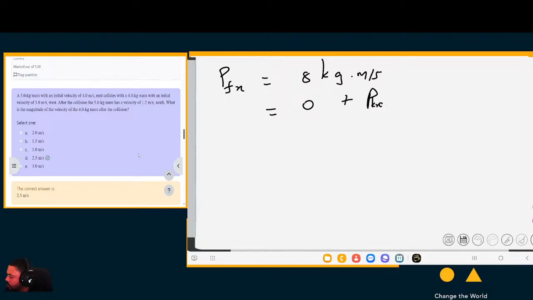We've established this is the momentum for the 4 kilogram block, because the 5 kilogram block is moving only in the vertical direction. Then for the 4 kilogram block in the x direction, its final momentum is equal to 8.